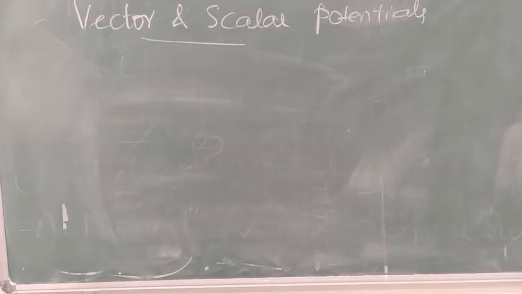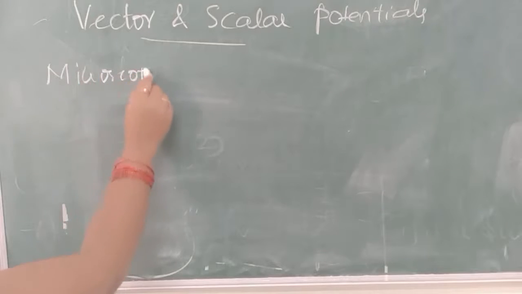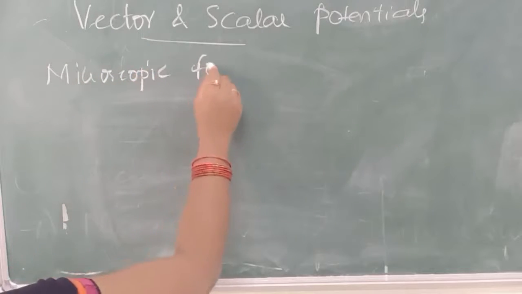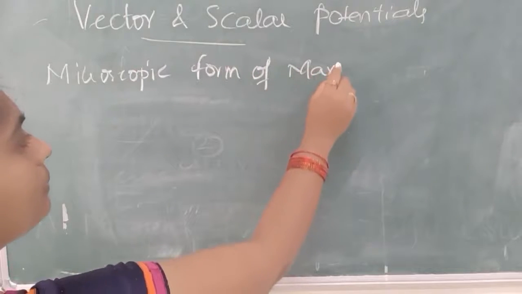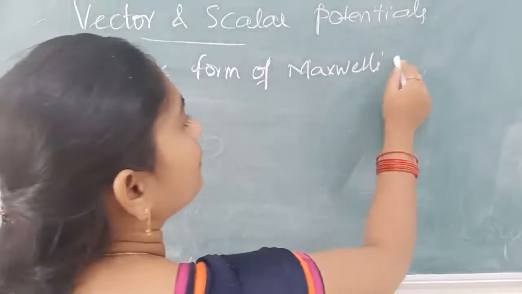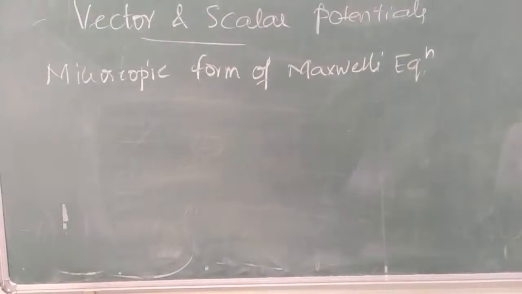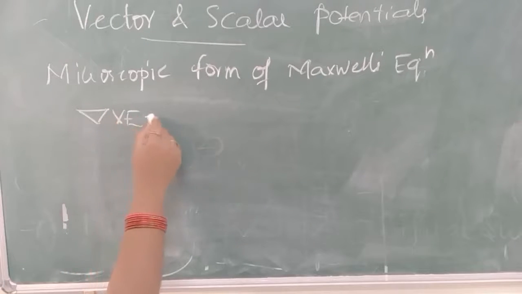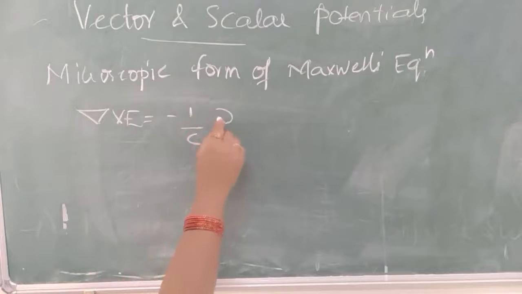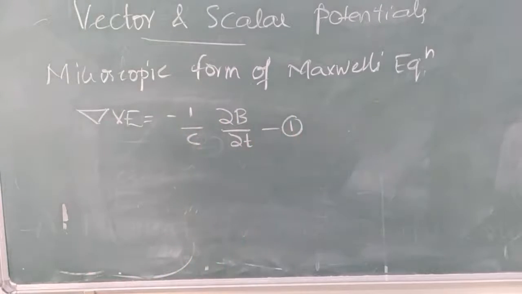What are the microscopic forms of Maxwell's equations? The first one is del cross E is equal to minus 1 by C dou B by dou T. This is one.